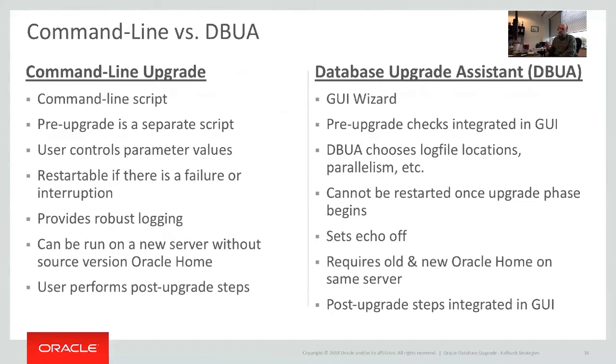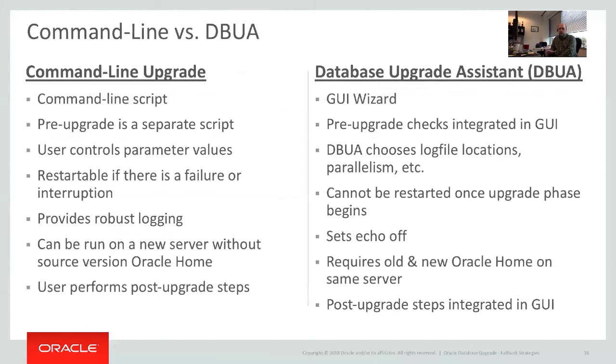The reason for that is DBUA works by starting the database in the old home, running the pre-upgrade script, allowing you to maybe make some changes via the GUI, and then it shuts the database down and then moves to the new Oracle Home and upgrades there.